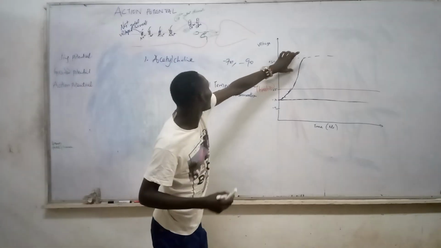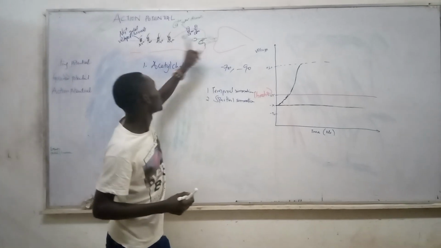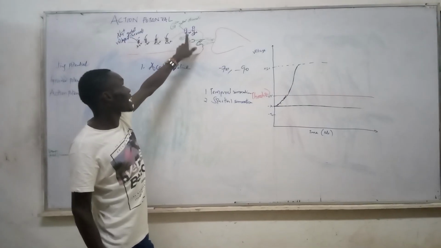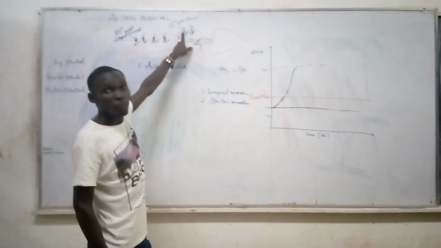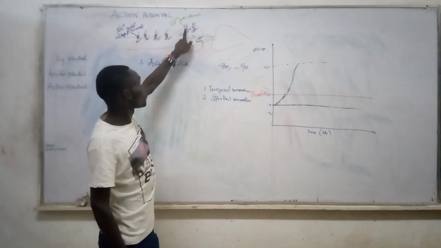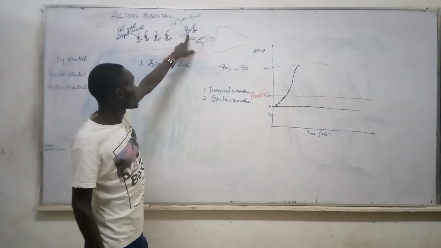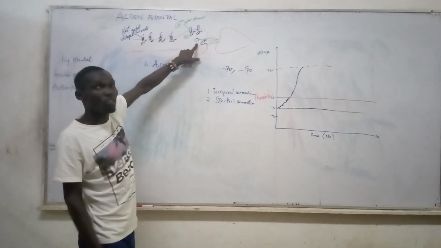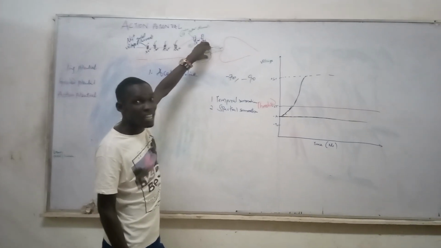At positive 30, the calcium-gated ion channels were stimulated and opened up. When they opened up, calcium ions leaked in. As calcium ions leaked in, they stimulated the presynaptic vesicles to adhere to the presynaptic membrane.